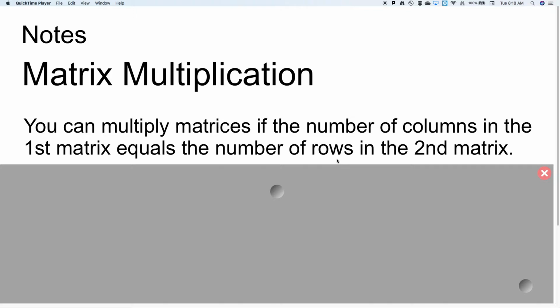So ideally, if you're asked to do some matrix multiplication, the first thing I would do is write out my orders for the two matrices. And I want to confirm that the columns in the first matrix will match the rows in the second matrix. So it's really like when you're writing it out, if you have matrix A times matrix B, it's the two middle orders that need to match.